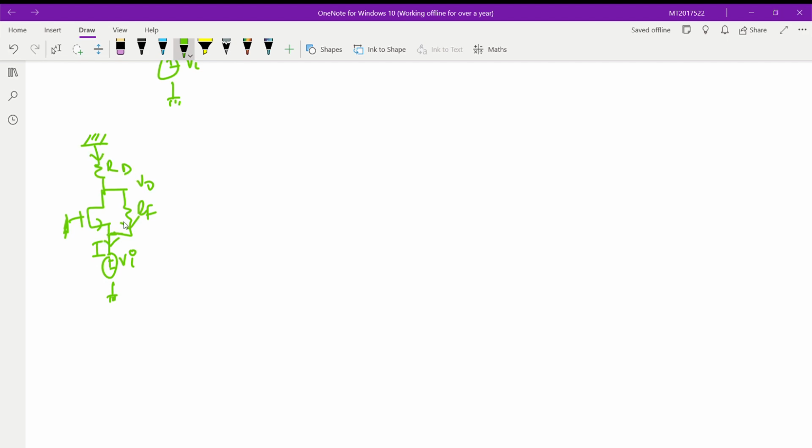So at this node the voltage is Vi. So current I equals minus Gm Vi plus (Vo minus Vi) by Rf, right? Also minus Vo by Rd equals minus Gm Vi plus (Vo minus Vi) by Rf, right?